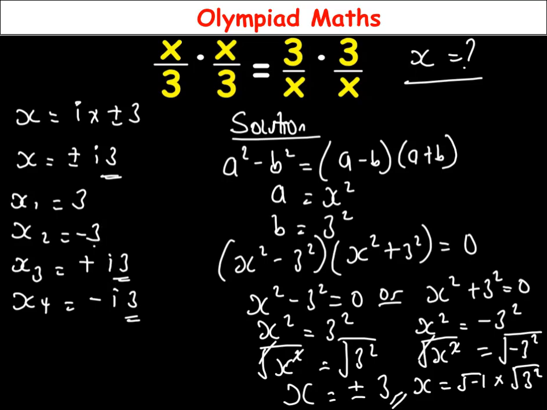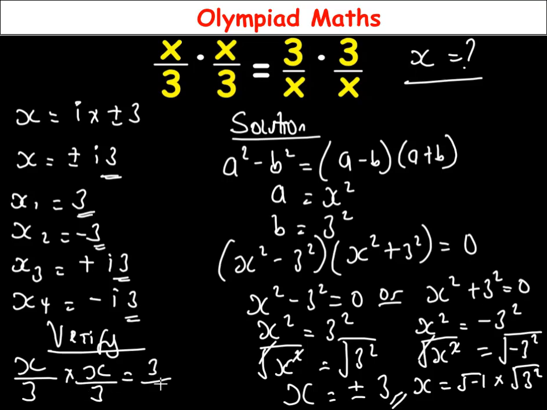Okay, now let's see whether these values of x, if we input them into this equation, satisfy this given equation. Let us verify it. We have x over 3 times x over 3 is equal to 3 over x times 3 over x.